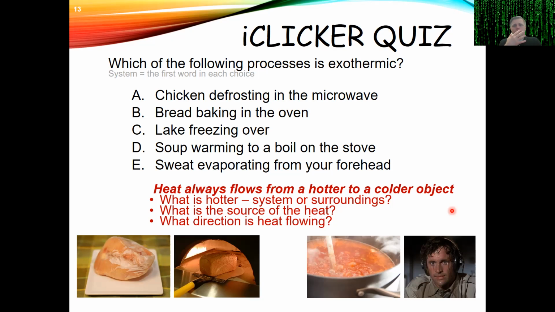So as that air blows past you, the skin on your forehead gets colder. If your skin is losing heat, what does that mean for the water, the sweat? Well, that must mean the sweat is gaining the heat. So your sweat is gaining that heat, and that heat is actually allowing it to transition into the gas phase. So sweat evaporating is endothermic as well.